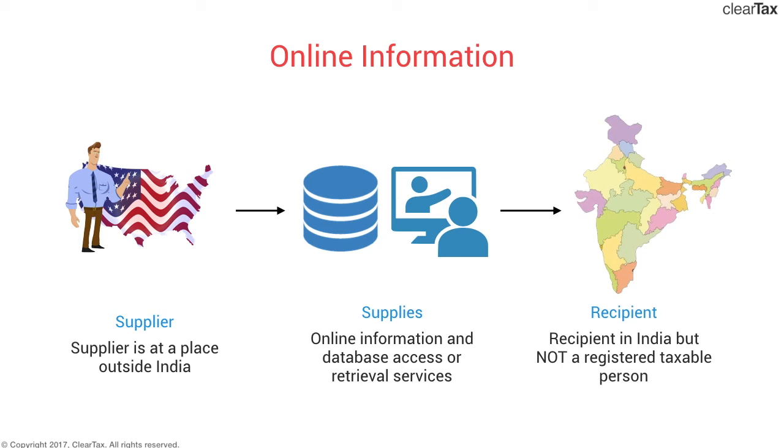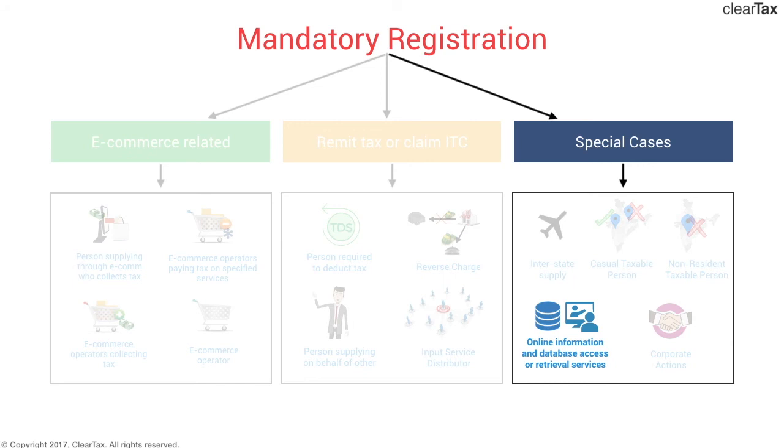When it's tangible goods or services that a person has to come to India and provide, it's pretty easy to track. But if it's online, it's that much more difficult. So if the recipient in India is a registered person, then from the information of such registered person from its books, the government can track. But if it's not registered, then how would the government track? This is the reason why the supplier who's outside India, who's supplying these services to a non-registered person, will have to be registered. That was the fourth subcategory under special cases.